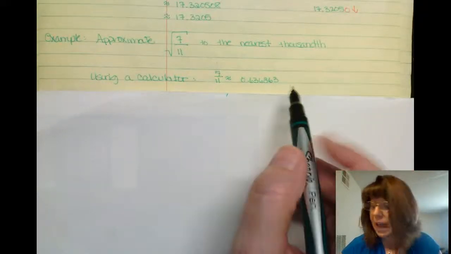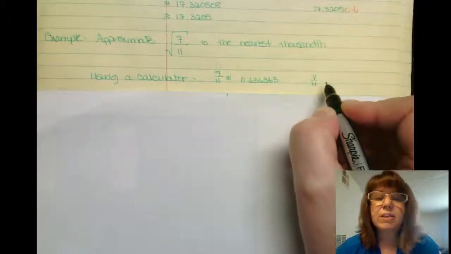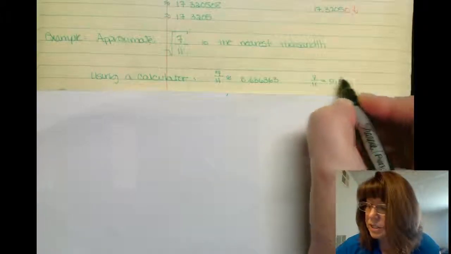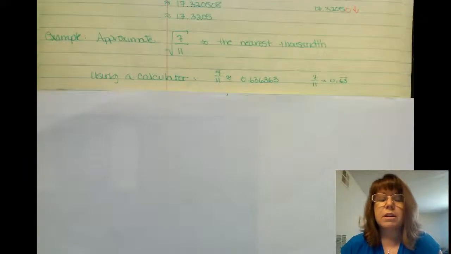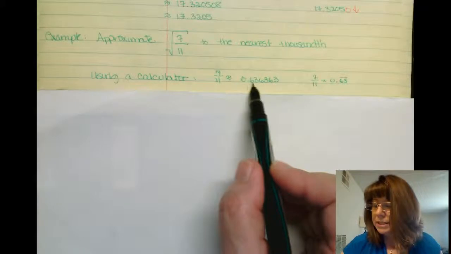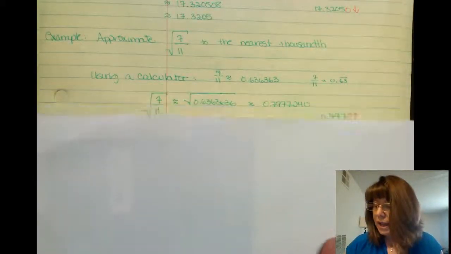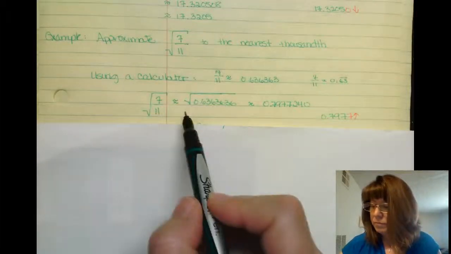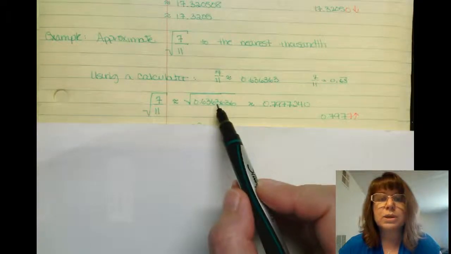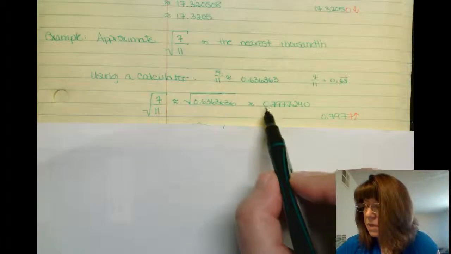Now, if I wanted the exact solution to 7 over 11, it would be equal to 0.63 bar. Right? But I can't put a bar in my calculator, so I am going to try and use 0.636363, and that should give me enough digits to use my calculator, get the approximation with the square root of 0.63636366.